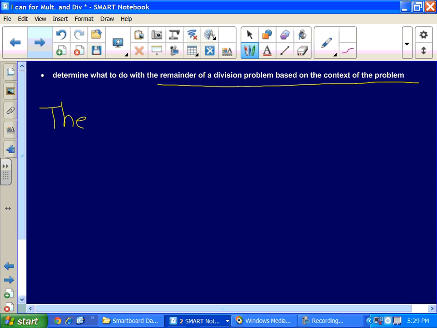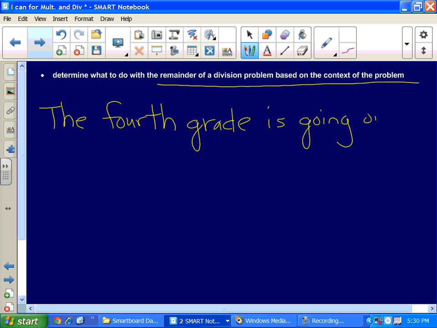the 4th grade is going on a trip to the museum.